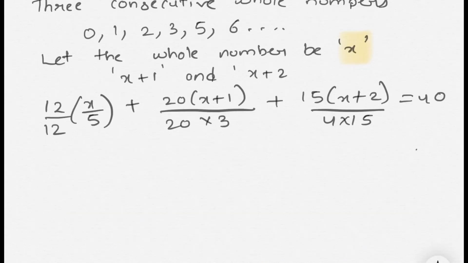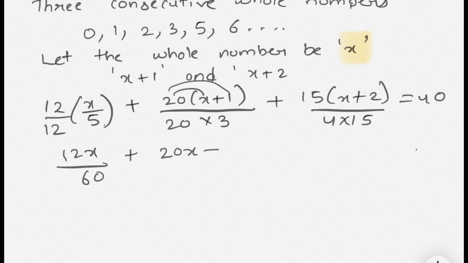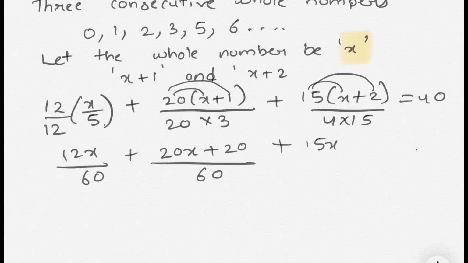Now 12 into x is 12x upon 12 into 5 is 60. This 20 gets multiplied with both terms of the bracket. 20 into x is 20x and 20 into 1 is 20 upon 20 into 3 is 60, plus 15 into x is 15x, 15 into 2 is 30, upon 60 is equal to 40.